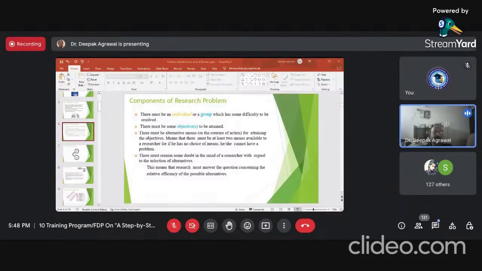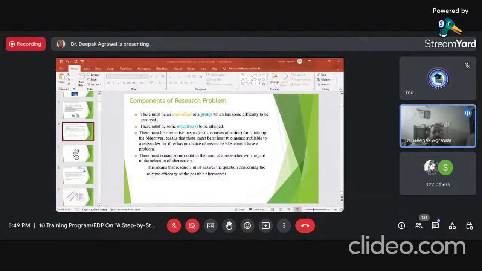Again, there must be some objectives to be attained, singular or plural. We will identify those problems with the help of properly framed objectives, which are to be defined later, and find the outcomes by applying suitable statistical tools.